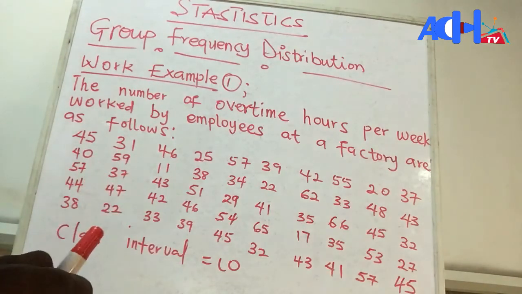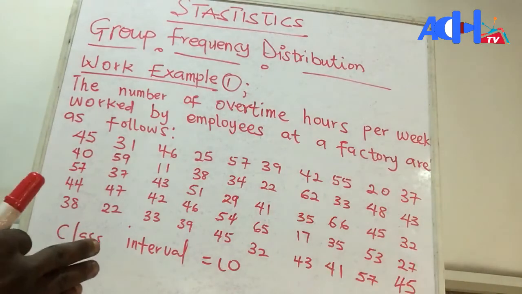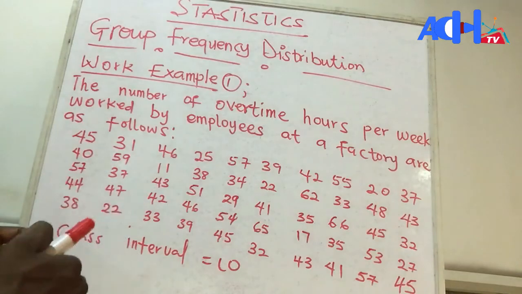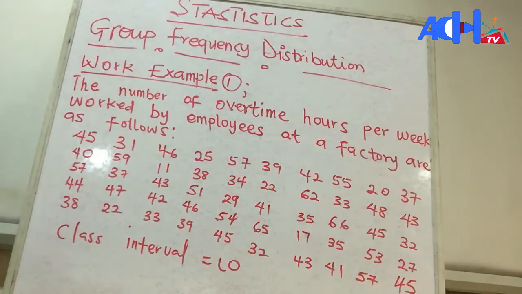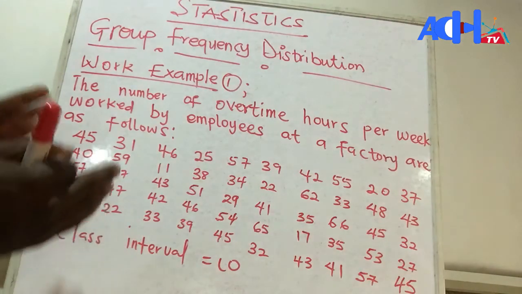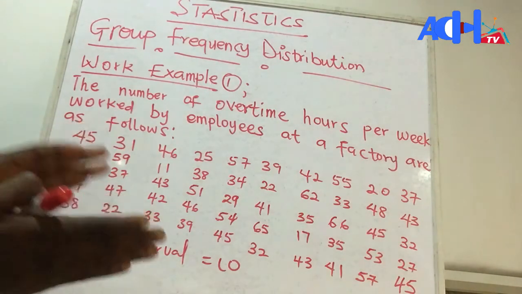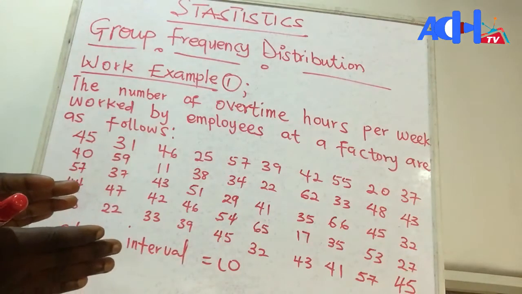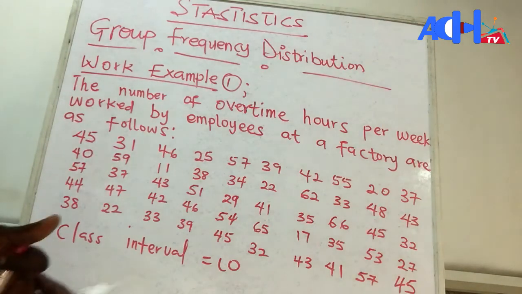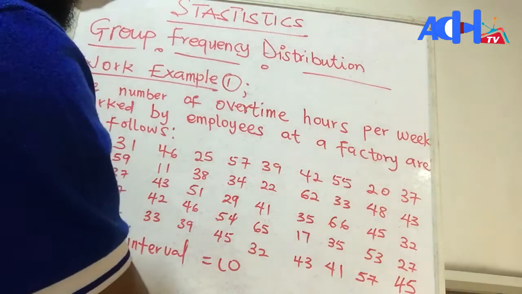Whatever you get, you use that to arrange the classes of group data. Then from there you group. So this is how you are going to do it. Let me clean this data, since the space is all occupied.